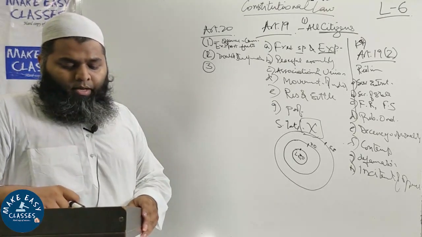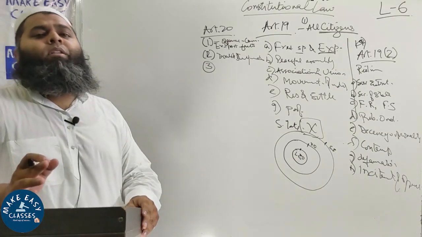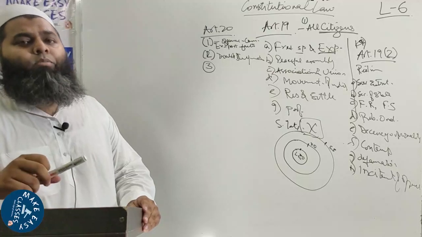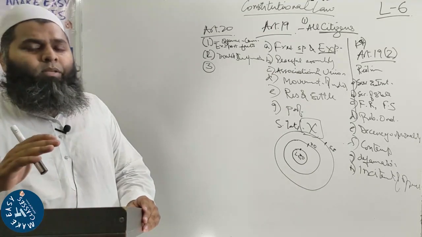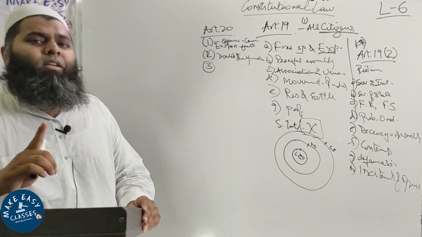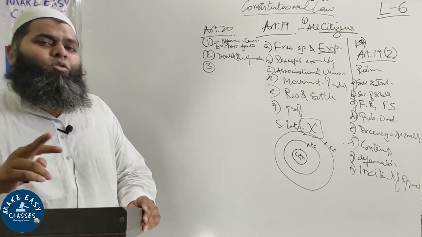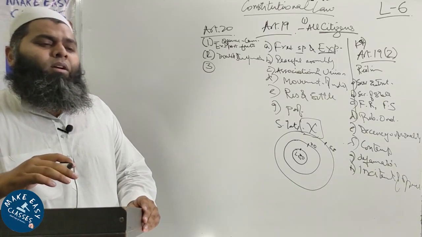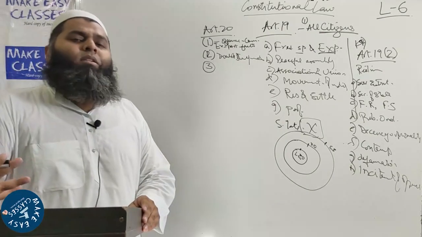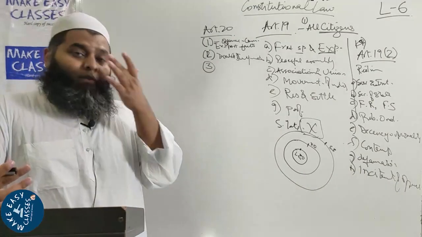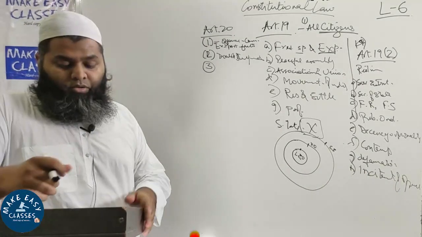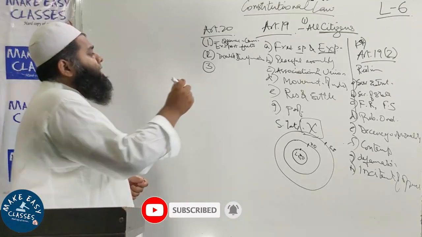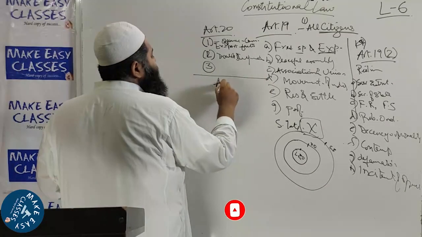This is the thing. And the second clause says that no person shall be convicted or prosecuted and punished for the same offence more than once. मतलब कोई भी आदमी एक ऑफेंस के लिए एक से ज़्यादा बार प्रोसिक्यूशन और पनिशमेंट नहीं पाएगा. और तीसरा है कि कोई भी कन्विक्ट खुद अपने केस में विटनेस नहीं बन सकता, कि किसी को उसी से उसके खिलाफ गवाही दिलवा दी जाए. So this is provided in the Constitution. Now the next article is Article 21.